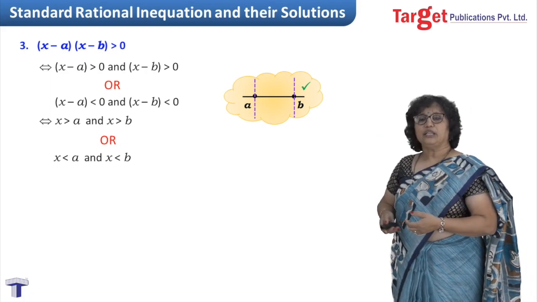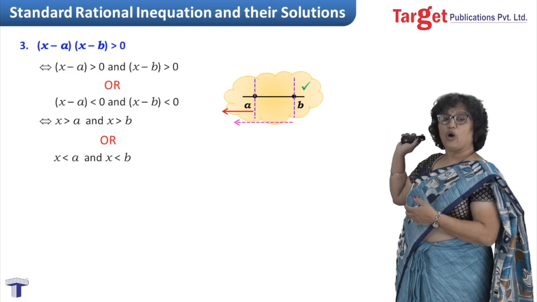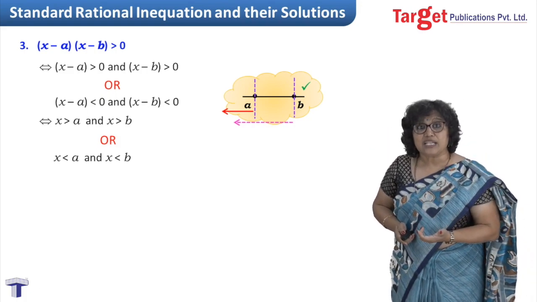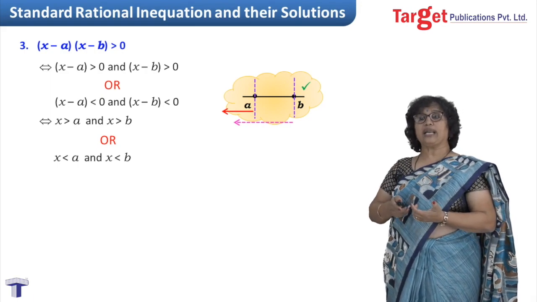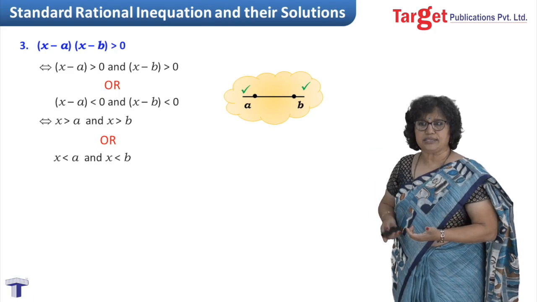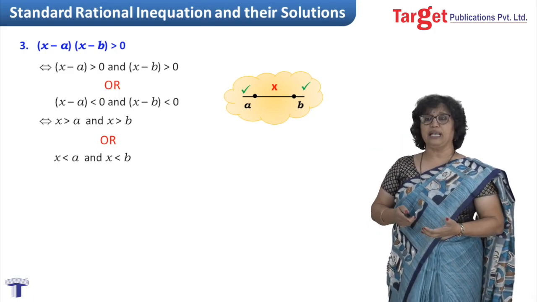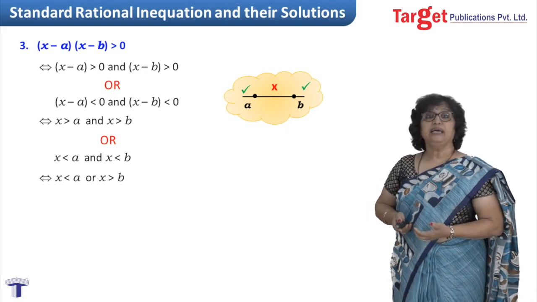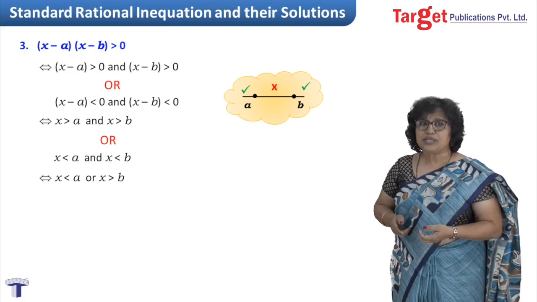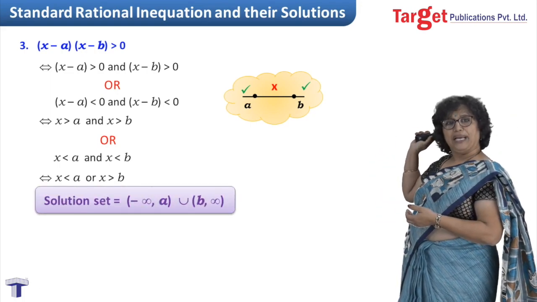Now for the second condition, I want x less than a and also x less than b. Between a and b will not satisfy x less than a. So before a there could be part of the solution set, and between a and b there is no part of the solution set. My solution set would be either in the less than a region or in the greater than b region. So the solution set would be minus infinity to a, union b to infinity.